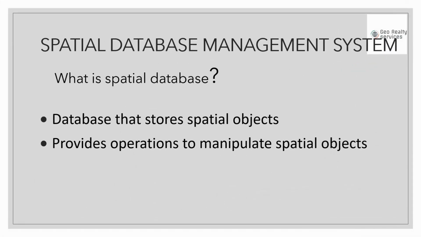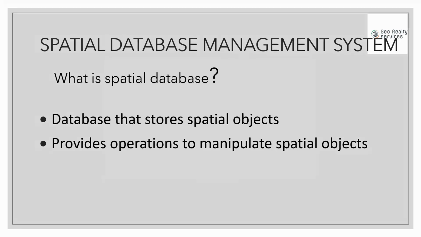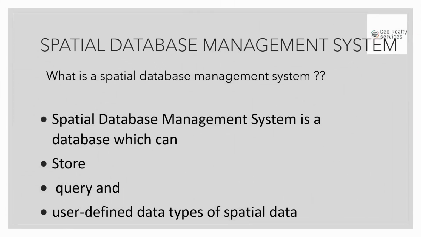Spatial Database Management System. What is a spatial database? A database that stores spatial objects and also provides operations to manipulate spatial objects. What is a spatial database management system?